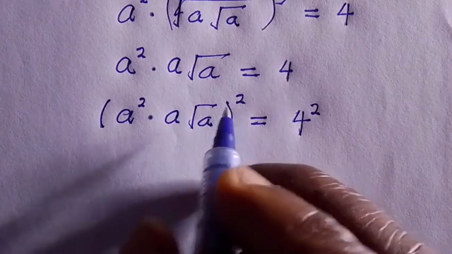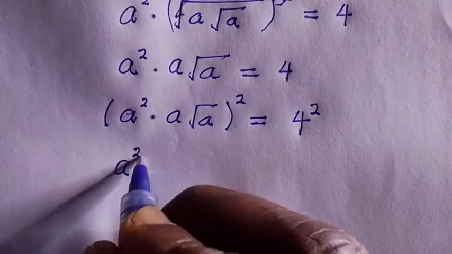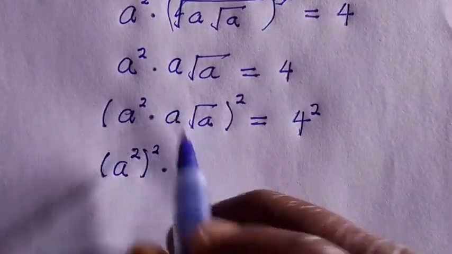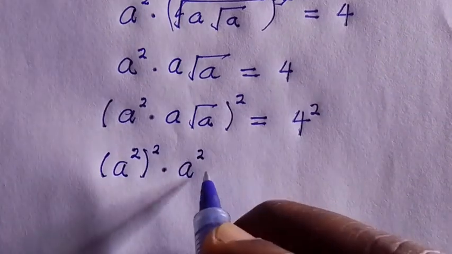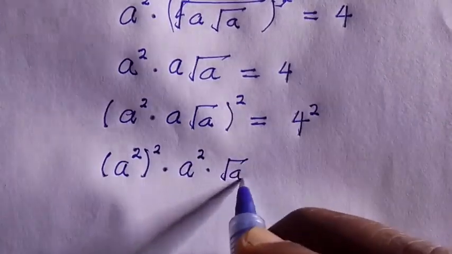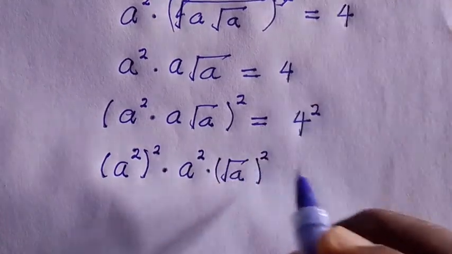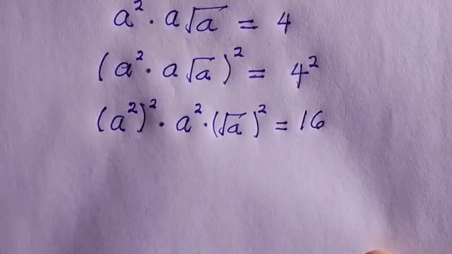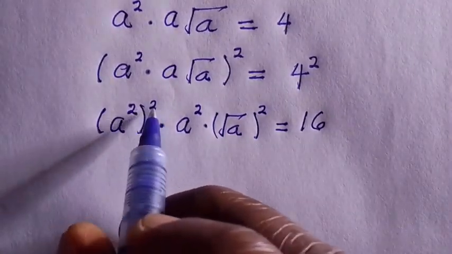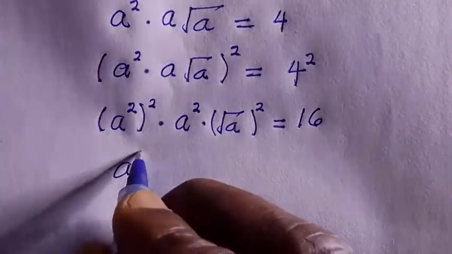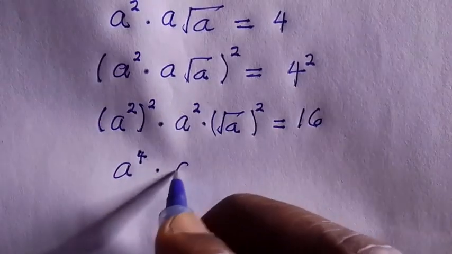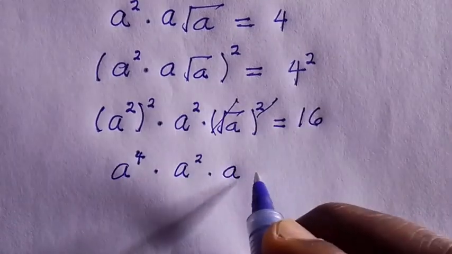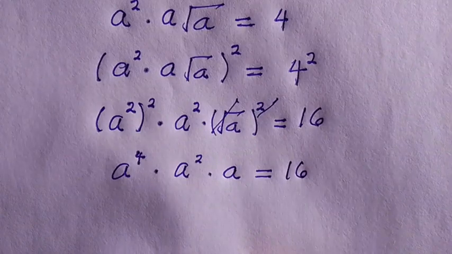This is carrying another square, as we have a to the power of 2 all raised to the power of 2, multiplied by root a raised to the power of 2, equals 4 to the power of 2, which gives us 16. Multiplying 2 by 2, we have a to the power of 4 multiplied by a to the power of 2 multiplied by a, as the root cancels, equals 16.